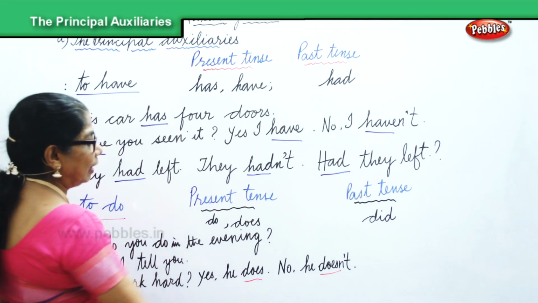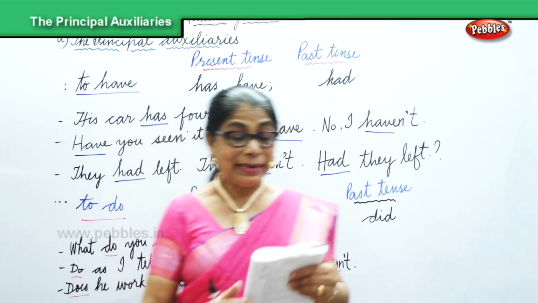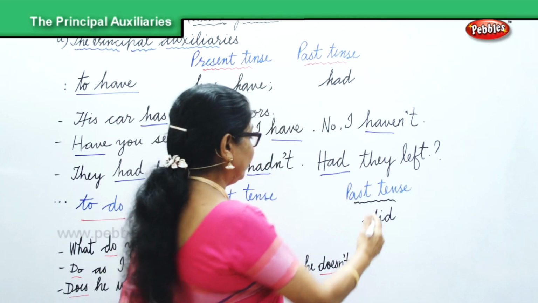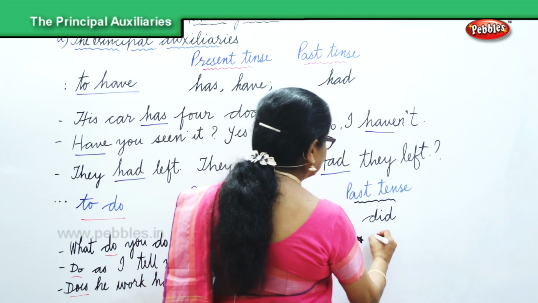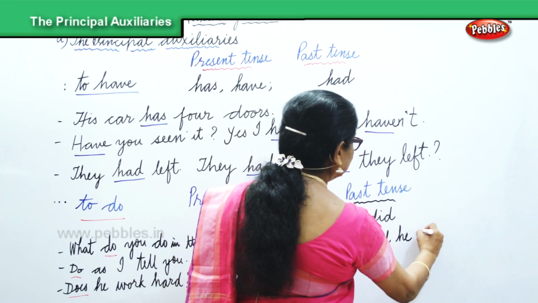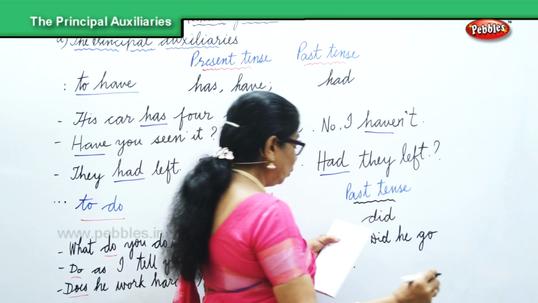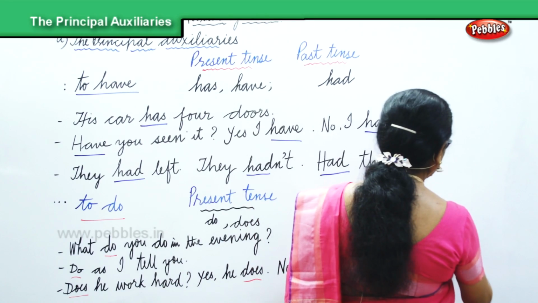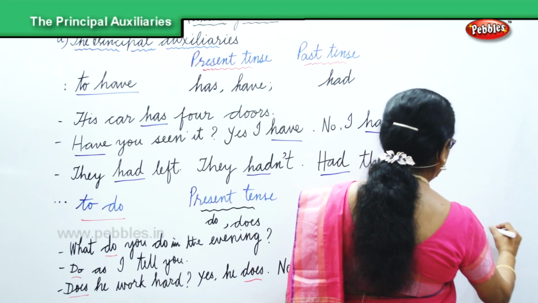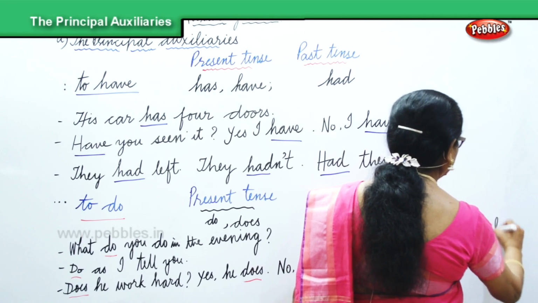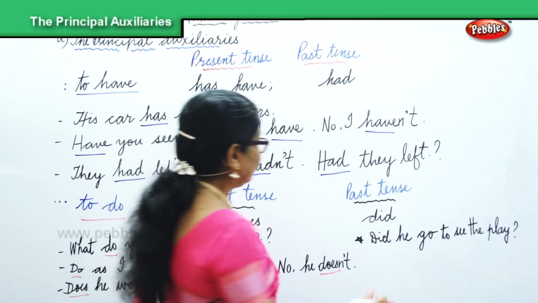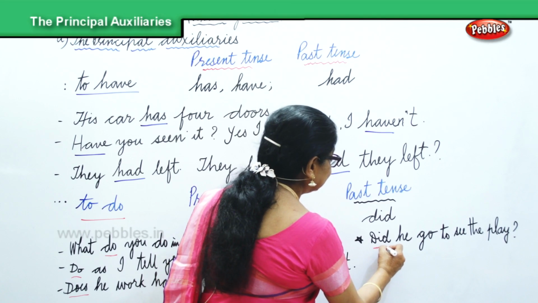And then finally we have the past tense, the verb did. Did he go to see the play? So we have a final sentence here. Did he go to see the play? We are looking at did.